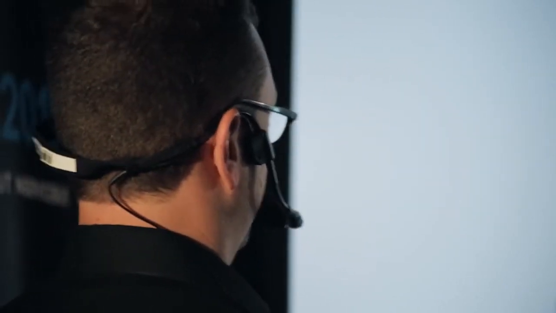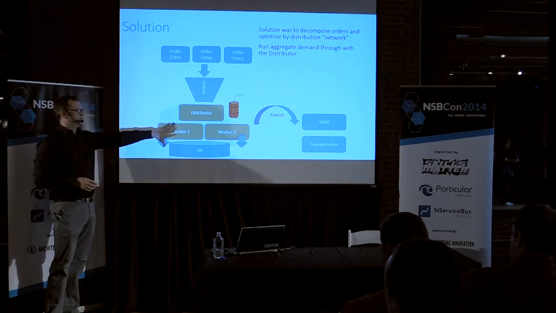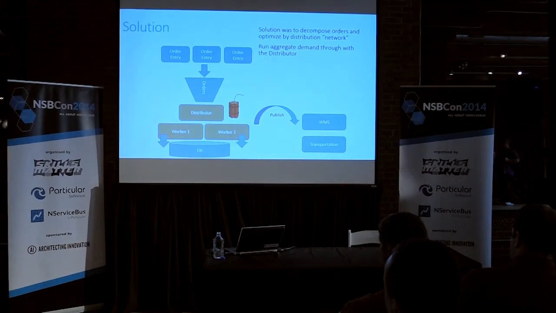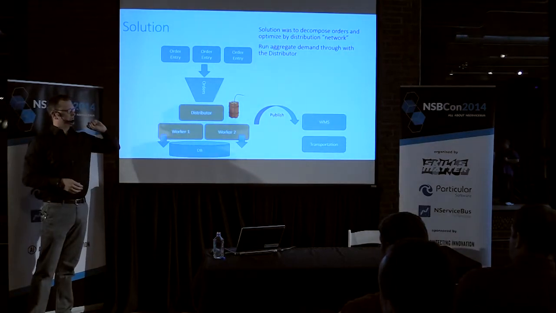In order to do that, we did that through a distributor, and we send that off to 1 or 2 workers to figure out the algorithms of what's the best way to get this to a store. And then all those results are written back to a database, and at the very end, we publish that over to 2 places, our warehouse management system and our transportation system.